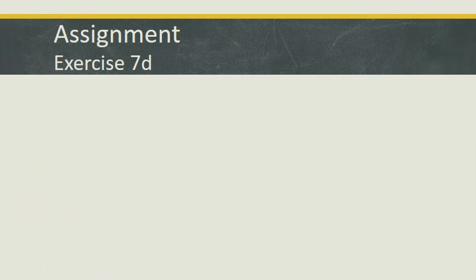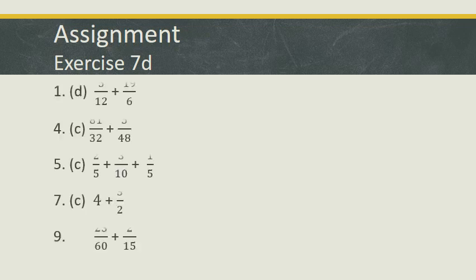Now children, let's come to the next assignment, which is from exercise 7D. These are the following questions which you are supposed to do in your notebook in very neat and clean handwriting, and these questions are from exercise 7D.